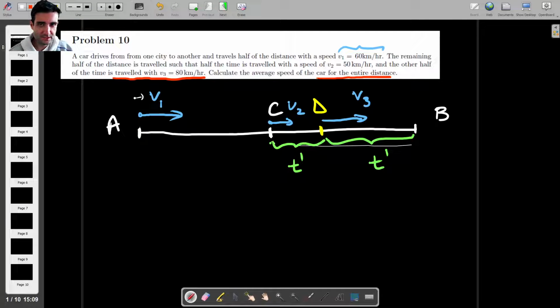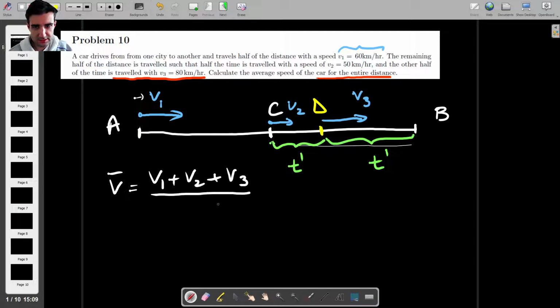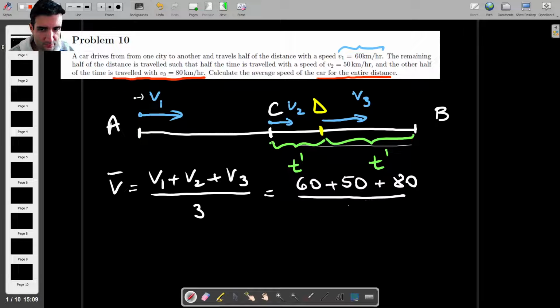First of all, the average speed is not equal to this. So you can't just add up the speeds and divide that by 3, because there are 3 speeds. And let's actually see what we would get. So 60 plus 50 plus 80 over 3. Okay, so this is 190 over 3, which should be something like 60 something.